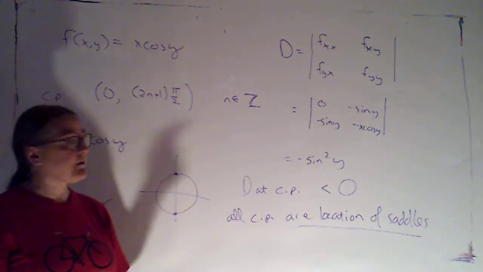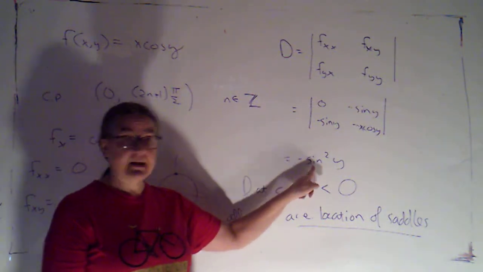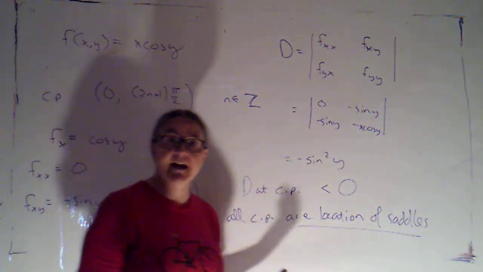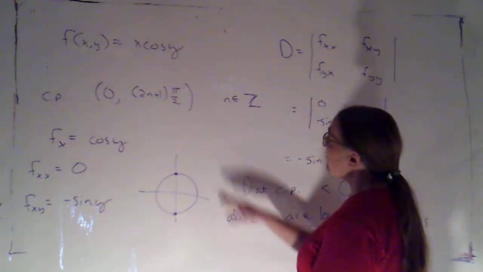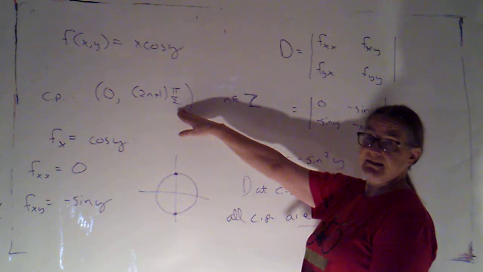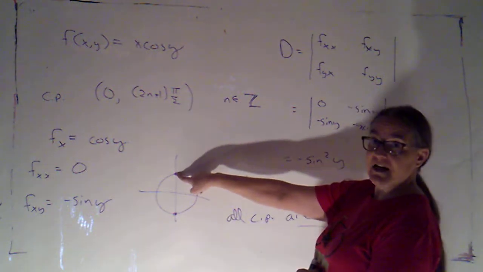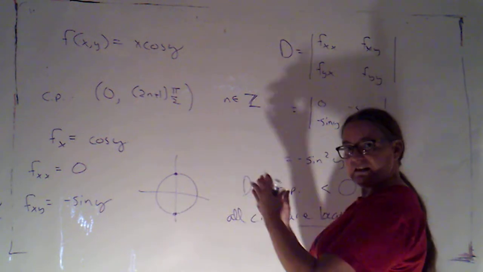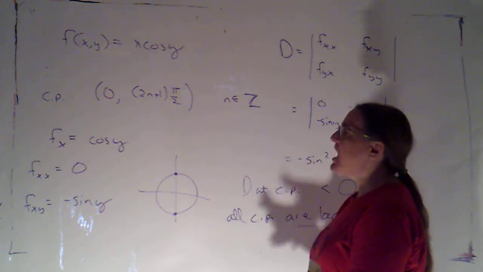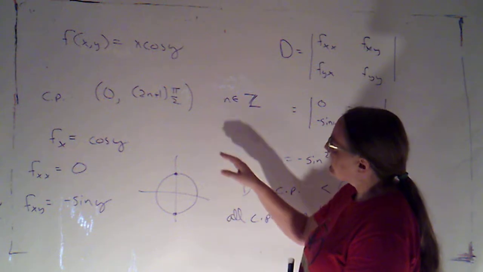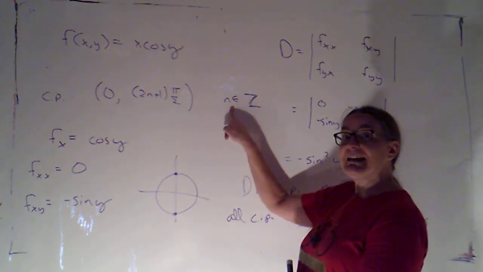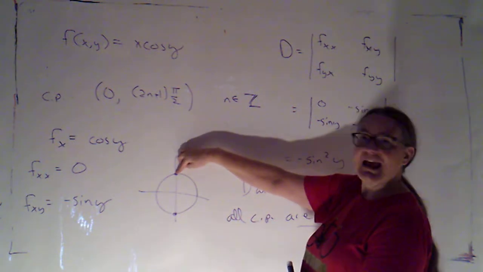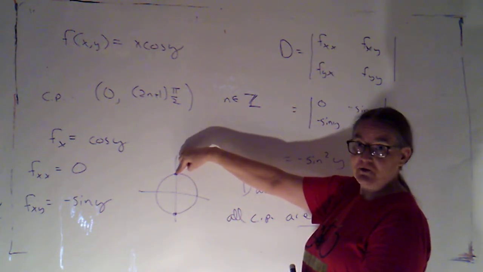I will just point out, in this case we were squaring things. If I had gotten that my second derivative was the opposite of sine of y, then I would have infinitely many critical points, half of which would put me here, and the other half of which would put me here. I'd still be able to classify, but I'd have to think in terms of, let's see, if my integer n is even, values would give me an angle coterminal with pi over 2.